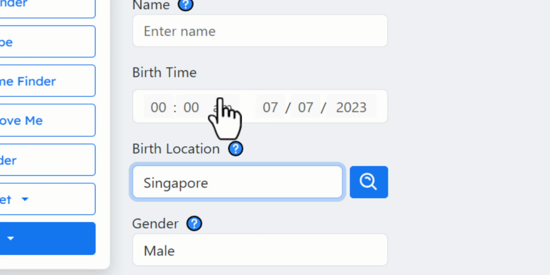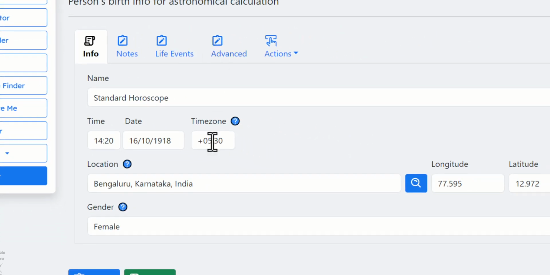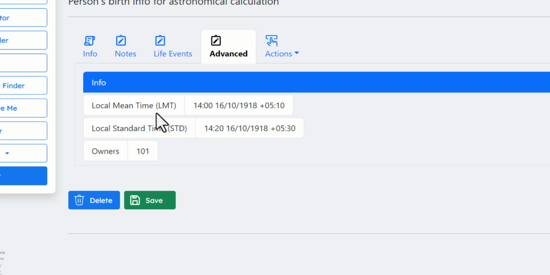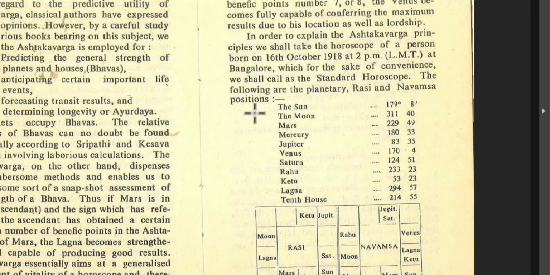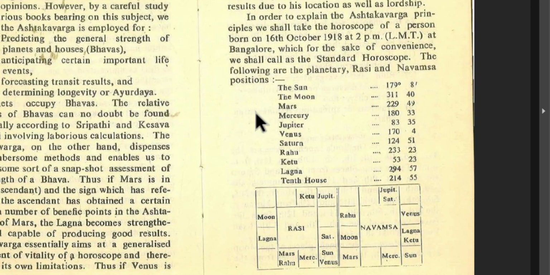The standard time goes in here, the location goes in here, and this will allow the calculator to work out exactly what the local mean time is, and this will be the actual time used by all the astronomical calculations. And when you're doing Vedic astrology calculations, as mentioned here in B.V. Raman's book, he's always going to give an example of local mean time, because on a technical level this is the right way to present time, because this will never change.